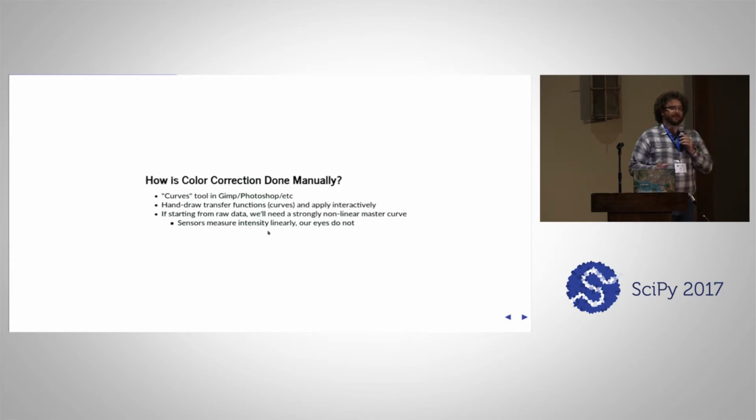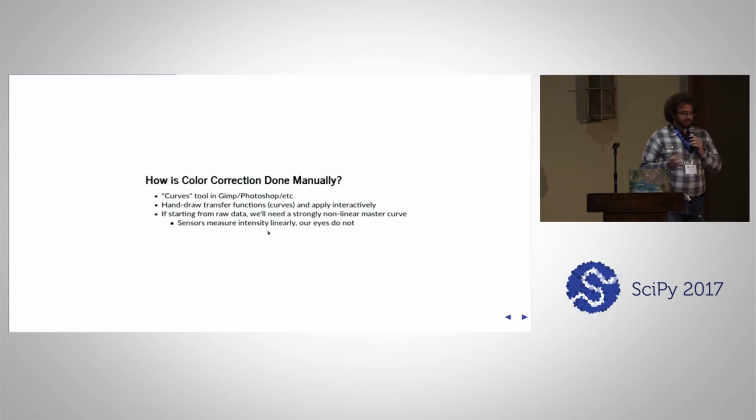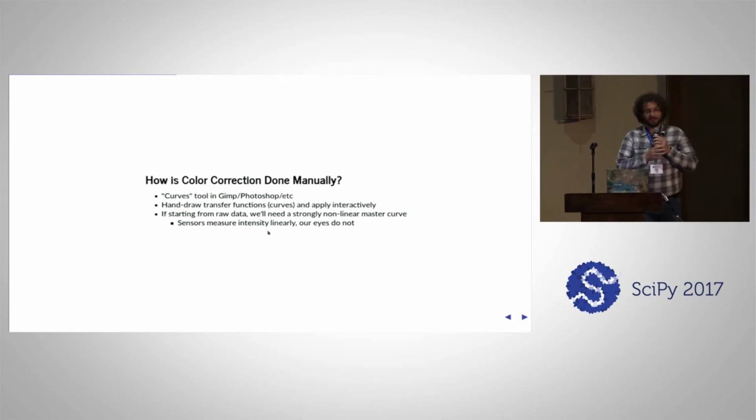It's also one other thing I want to mention here, because this will come up quite a bit. If you have raw data from a sensor, like a camera's raw file, the sensor perceives intensity of light very linearly. Our eyes, on the other hand, perceive light very non-linearly. Something that's very bright versus something that's bright but not super bright, our eyes perceive pretty close, but a sensor is going to perceive the real linear difference in intensity between the two.